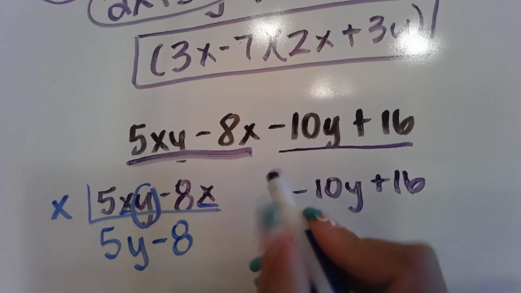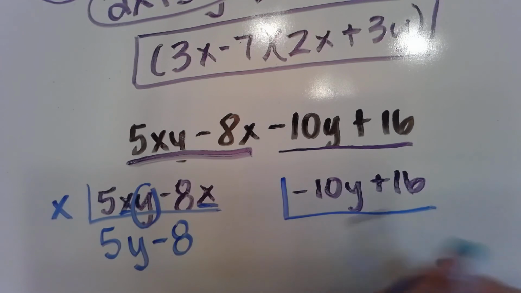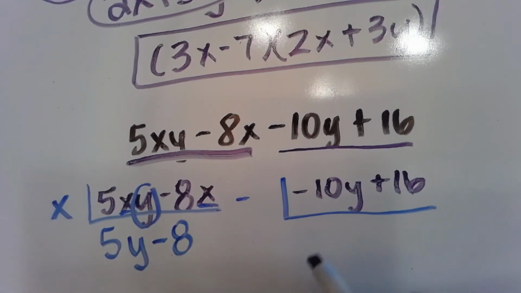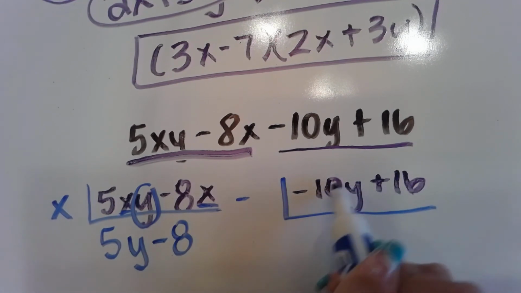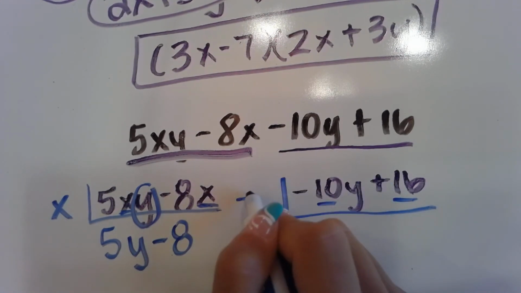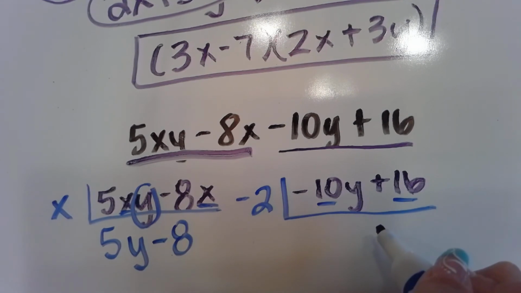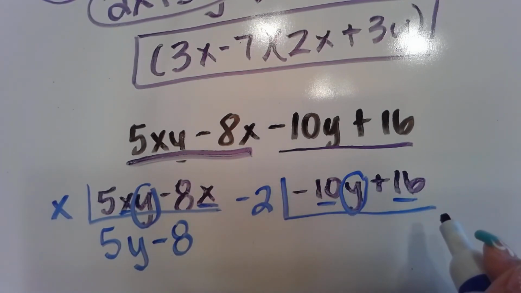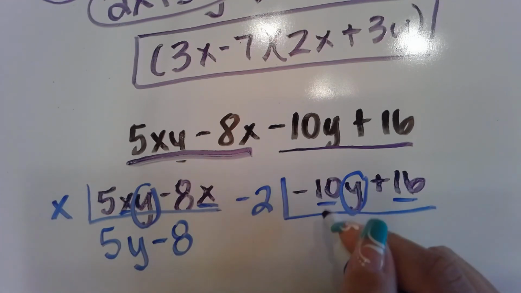Okay? Now for this one, I do see this negative right off the bat, so I'm going to pull out that negative. Looking at our coefficients, do we have a number that can go into both 10 and 16? We do. It is, let's go ahead and say 2, okay? Now, this one has a y, this one does not, so we just leave the y.